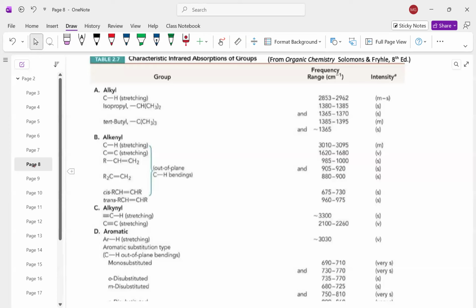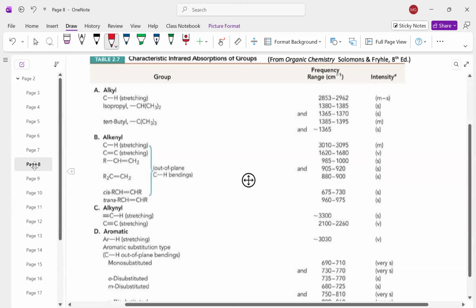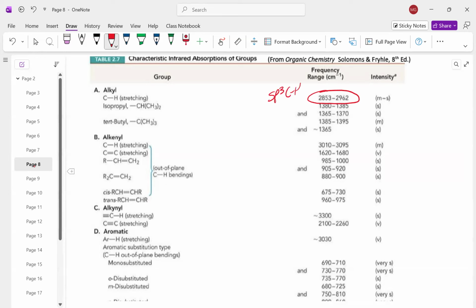Let's start with just the hydrocarbons. This one here is important to remember. This is our hydrogen region. This is an sp3 carbon-hydrogen bond, like from a typical alkane. Notice it's right below 3000.